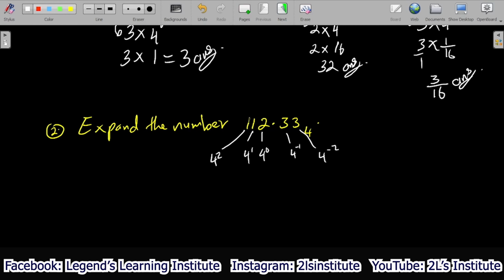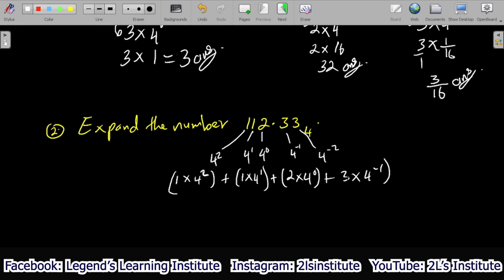So the total value for the 1 to the farthest left is 1 times 4 squared, plus 1 times 4 to the power of 1, plus 2 times 4 to the power of 0, plus 3 times 4 to the power of -1, plus 3 times 4 to the power of -2.